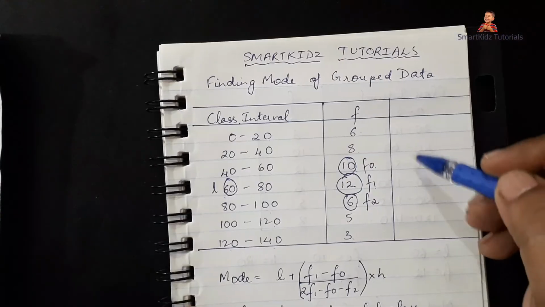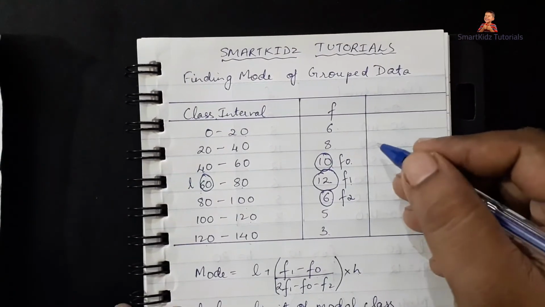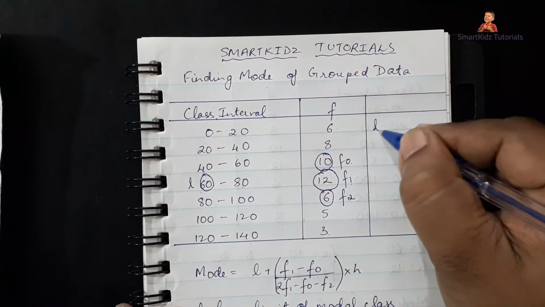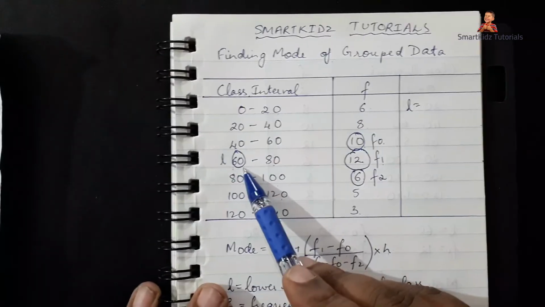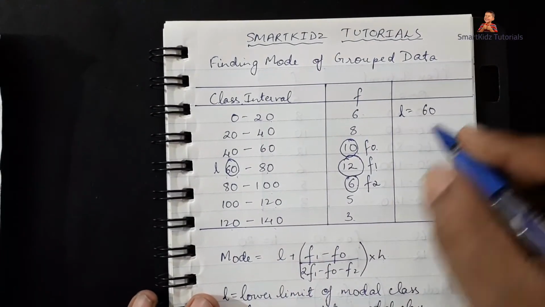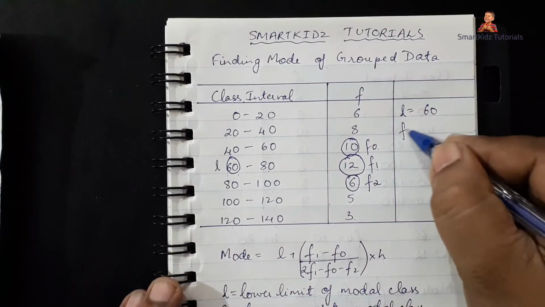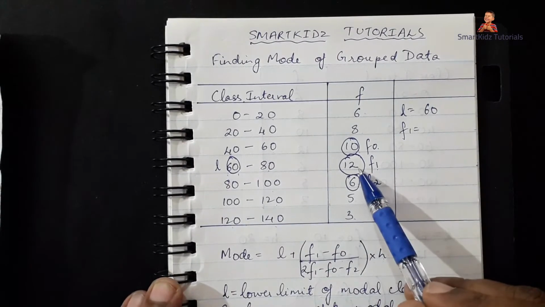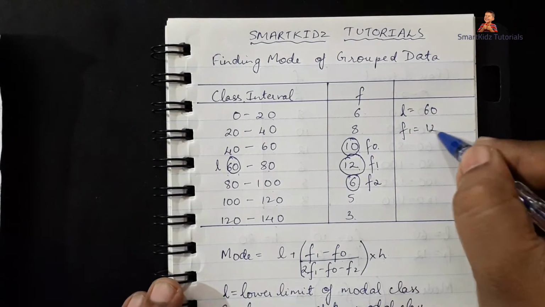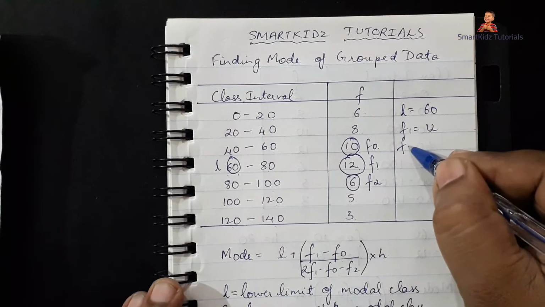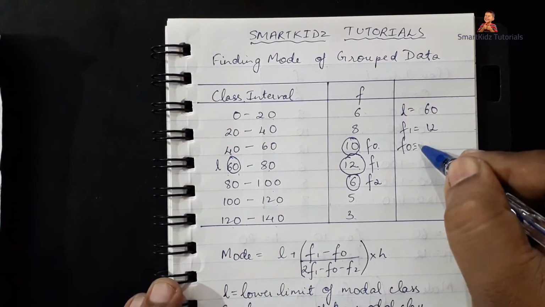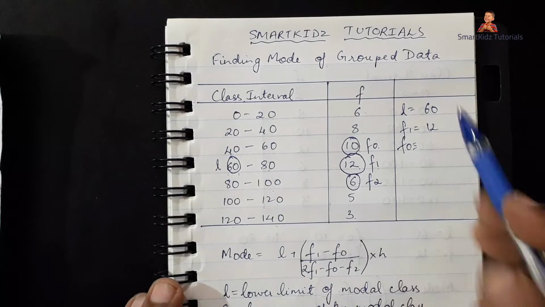So I can just write it in this column over here so that you can follow. L will be equal to 60. Then next is F1. F1 is the frequency of the modal class, which is 12. F0 will be the frequency of the class preceding the modal class, which is 10.